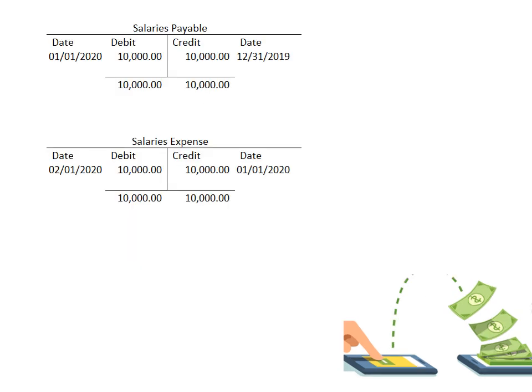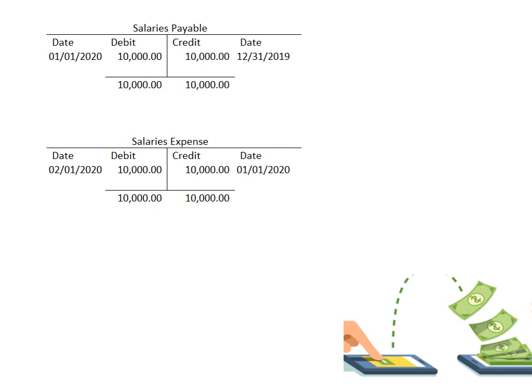So let's see. This will now be our balances. We don't have any more payable because we already paid for that. And we don't have expenses, because the expenses pertain not to 2020 but to 2019. So there should be no salaries expense. So the second rule was also satisfied: the amounts of the current period should not change.